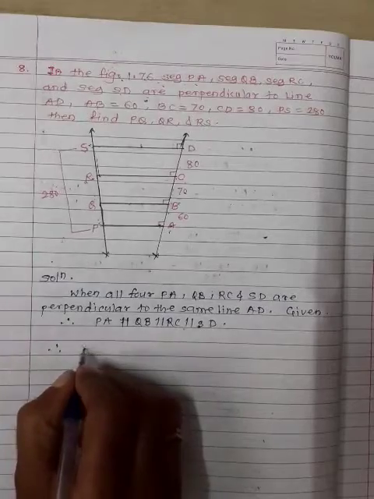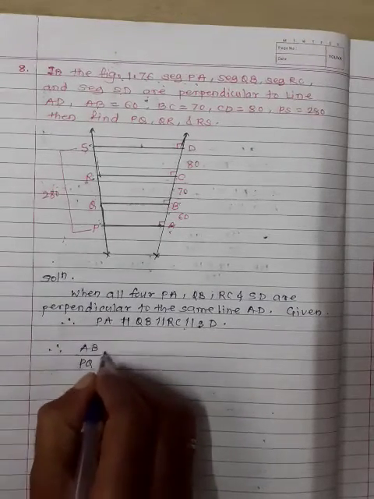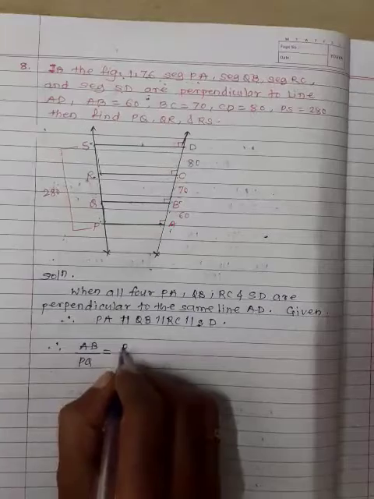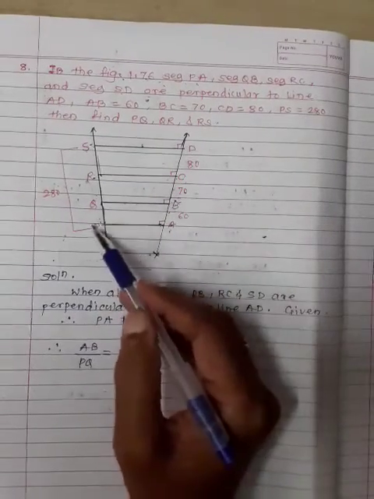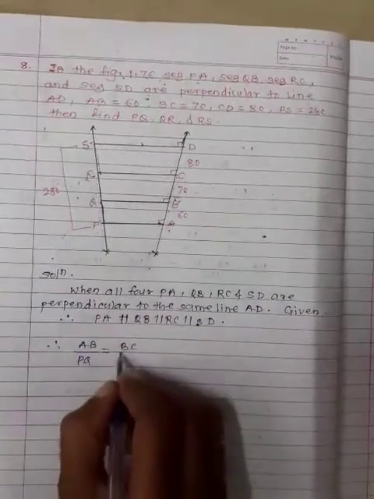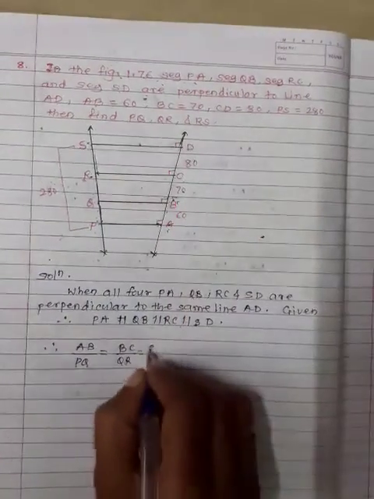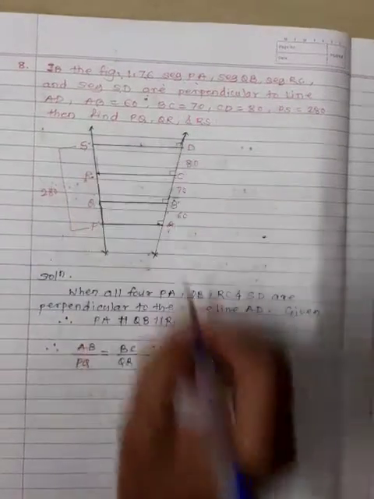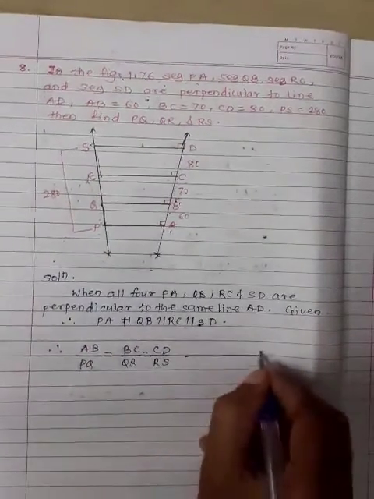Therefore AB upon PQ is equal to BC upon QR and CD upon RS. This is equation first.